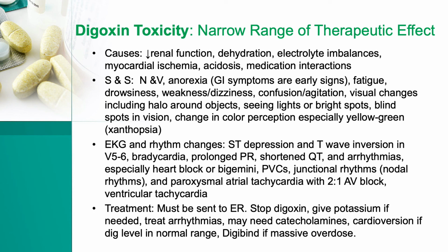Some of them are quite unusual and particular to digoxin, especially the change in color perception, the yellow-green colors and yellow-green halos, seeing bright lights. There are multiple EKG and rhythm changes that are listed, of which some can be fatal. And if you are suspecting dig toxicity, the patient must be sent to the ER where they will be treated.